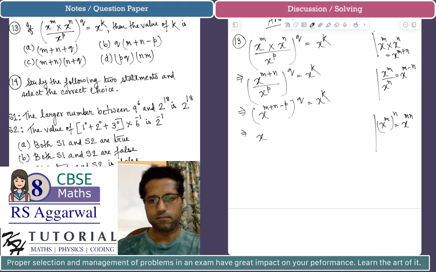So this will become x to the power q into m plus n minus p equals x to the power k.